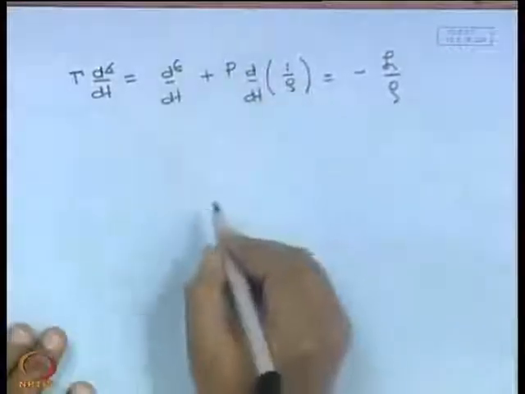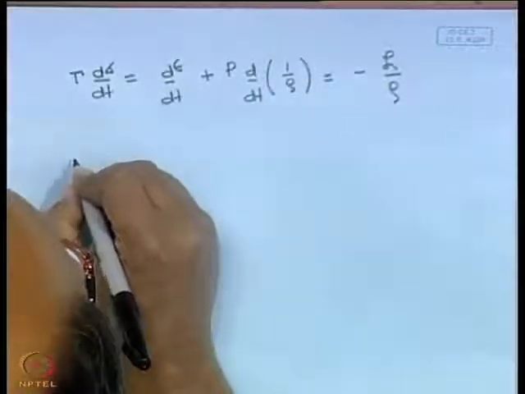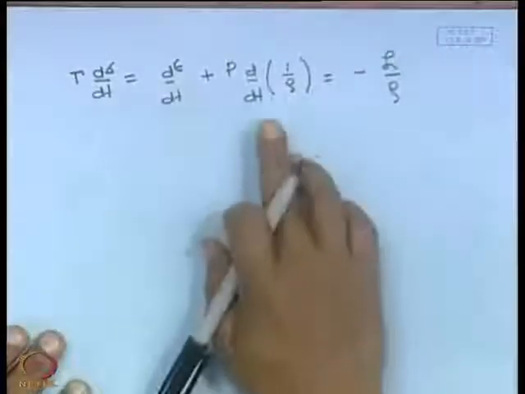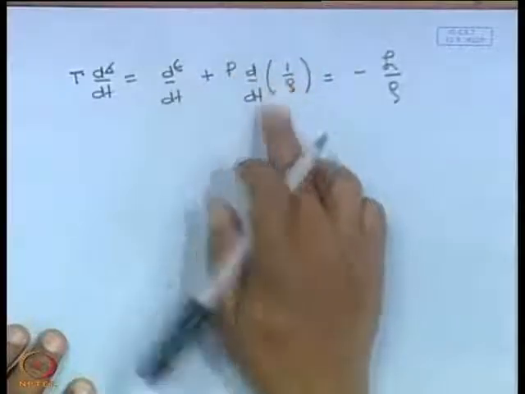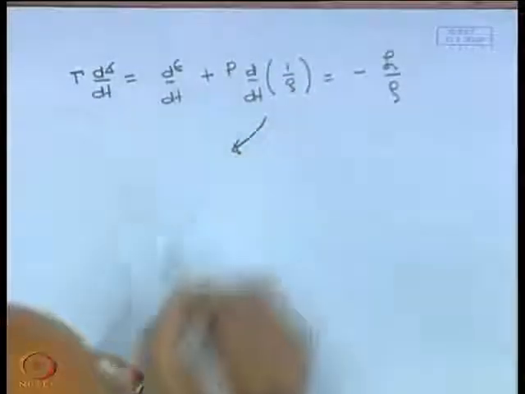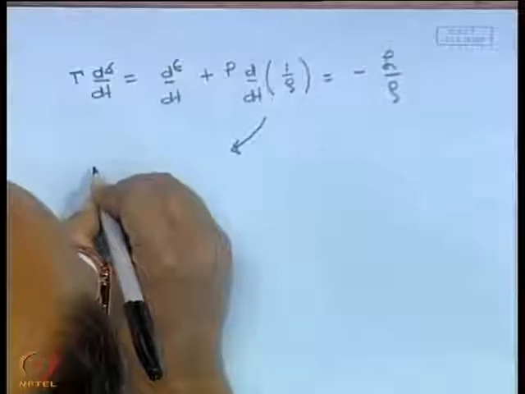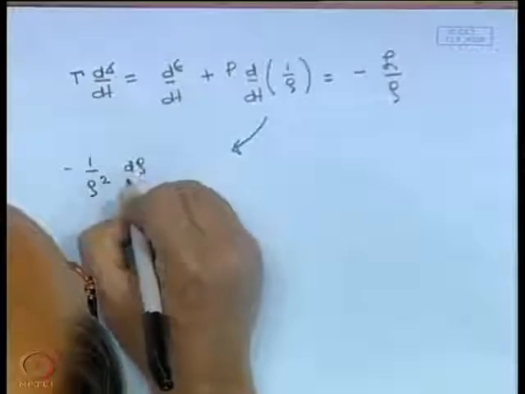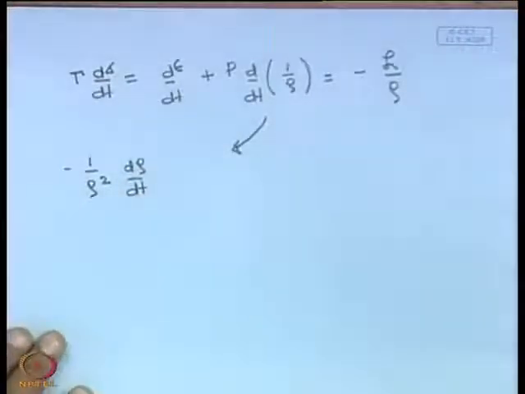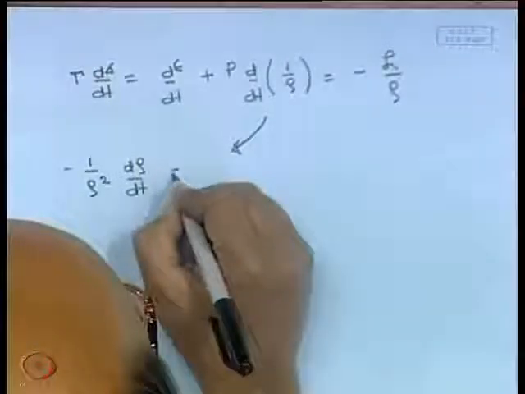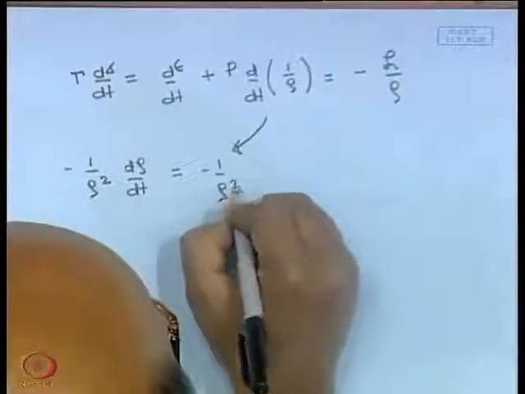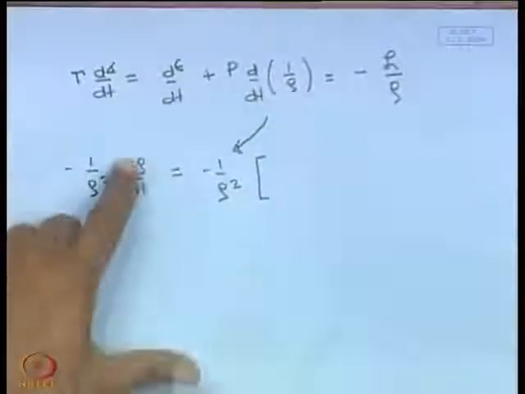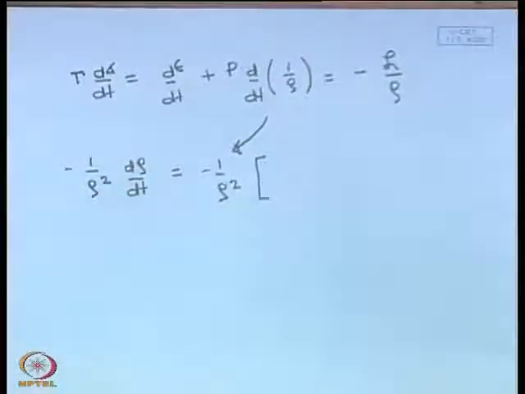Now we can further simplify this term here. This term can be written as minus 1 by rho square d rho dt. I am just simplifying this term here, and this becomes equal to minus 1 by rho square times the convective derivative d rho dt. I am following the same fluid element as it moves.